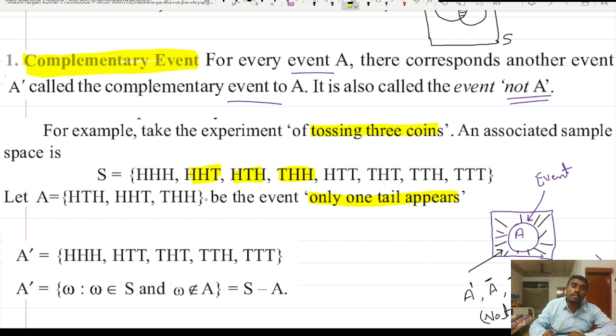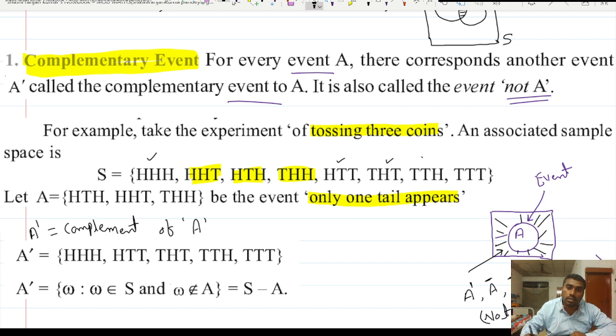Right. So if someone asks you what is not A here, or what is the complement of A here: the complement of set A, or complement of event A, is those outcomes or sample points in which one tail does not appear, meaning all the other sample points except these three are part of our not A. So you can write this one, this one, this one, this one, this one.